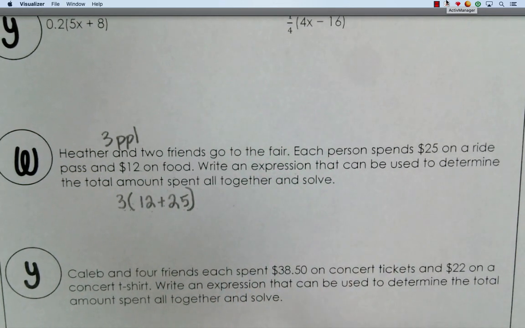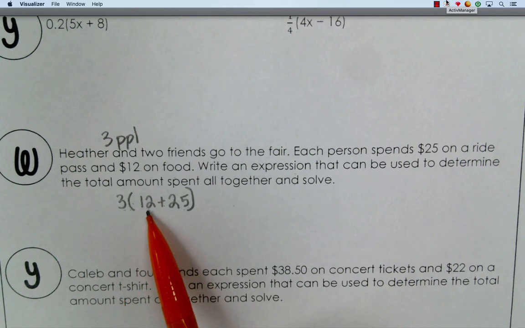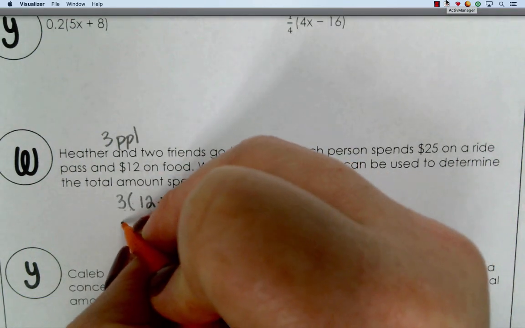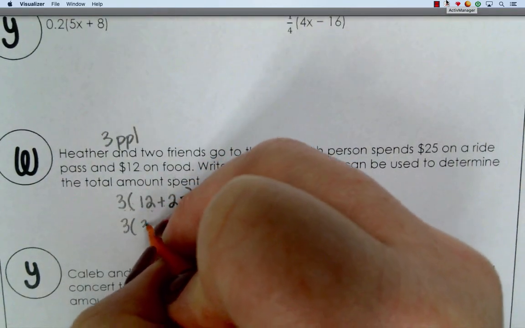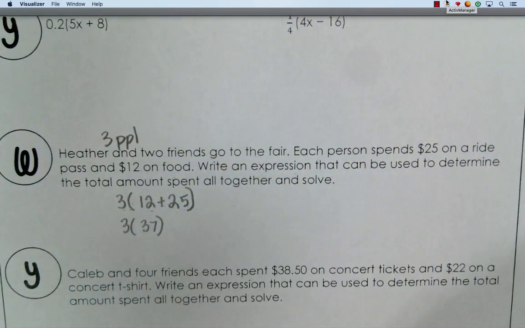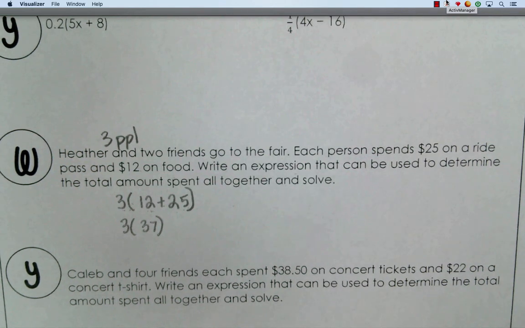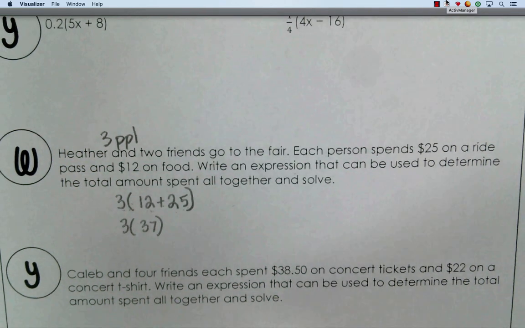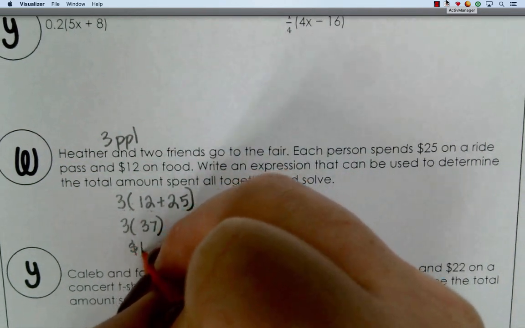So you could do one of 2 things. The first thing you could do, because we know order of operations, is find the sum inside of parentheses, which would be 37, and carry this down. So you could say 3 times 37, okay, which is $111.